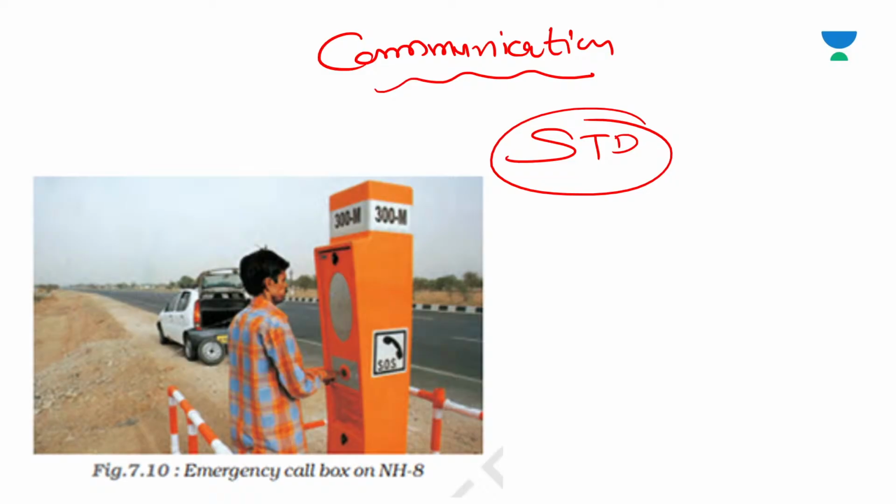Doordarshan, the national television channel of India, is one of the largest terrestrial networks in the world. It broadcasts a variety of programs from entertainment, education, sports, etc., for people of different age groups.